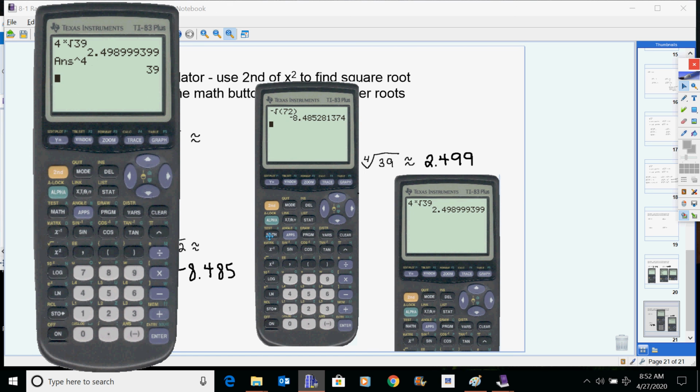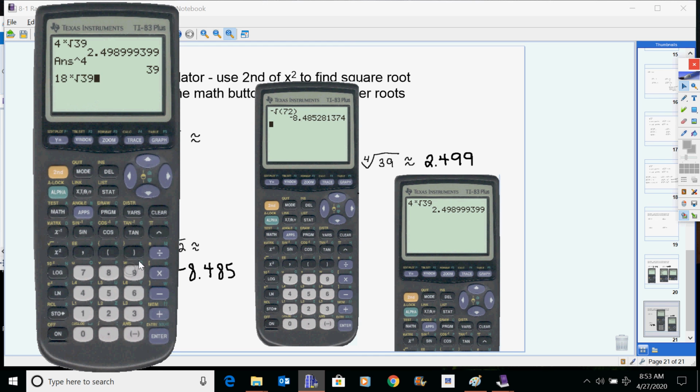This math button, pretty important, because there are things that hide under there, which is very good. So even if I wanted to take like the 18th root, I could take the 18th root, which would be, oops, I don't want the second. I just want math. And if I want the 18th root, the 18th root of 39.